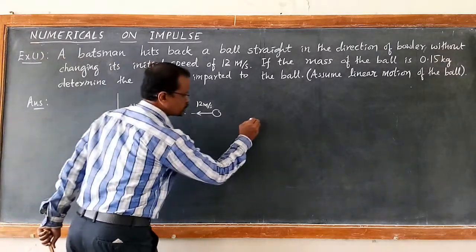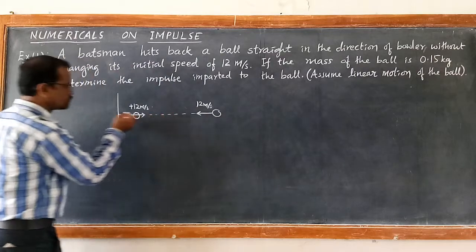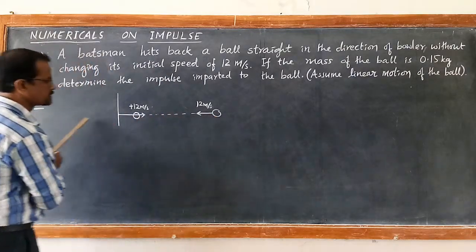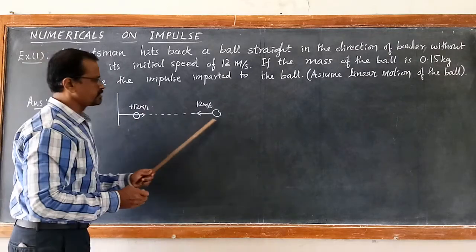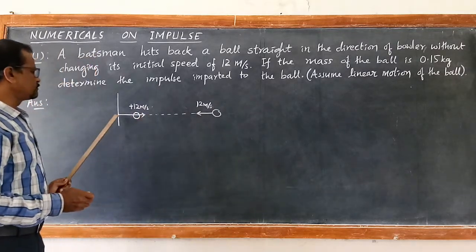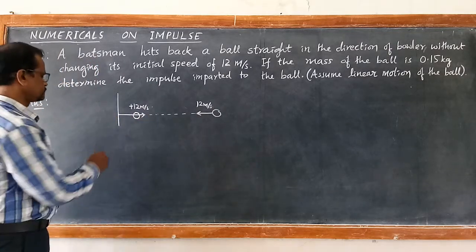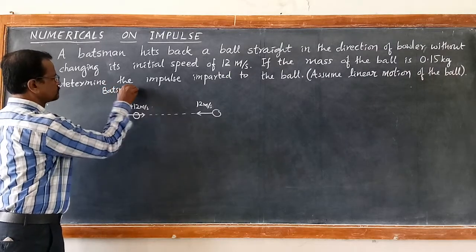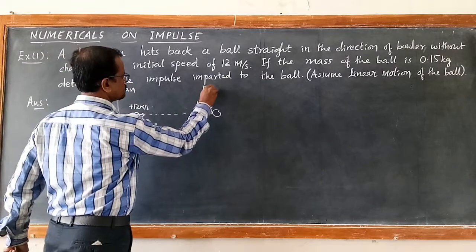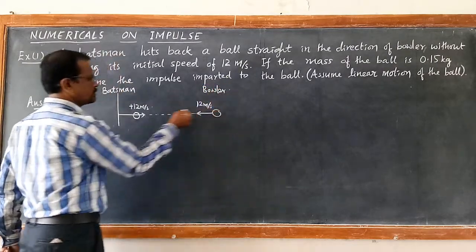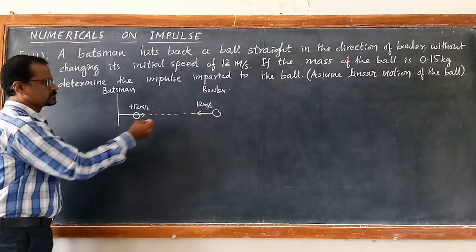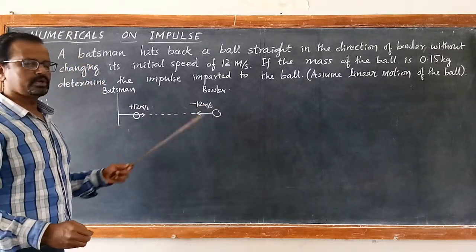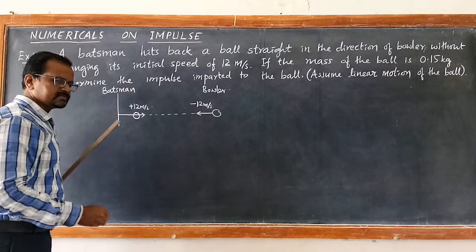So we can take this one as positive x-axis and the one towards left as negative x-axis. See, the ball is moving towards left. This is the position of bowler and this is the position of batsman. So the bowler is bowling towards the left side, so the speed of the ball can be taken as minus 12 meter per second because it is towards the left side.